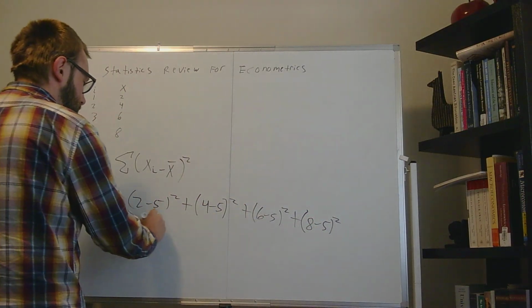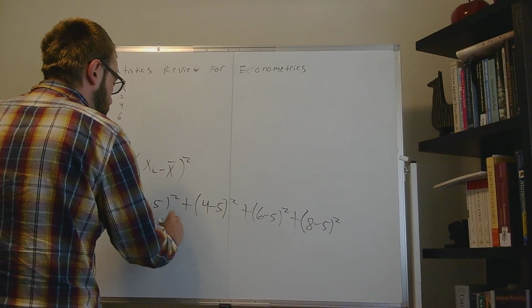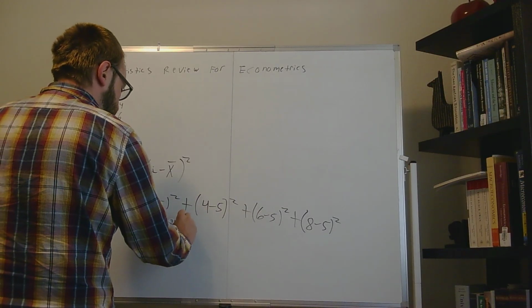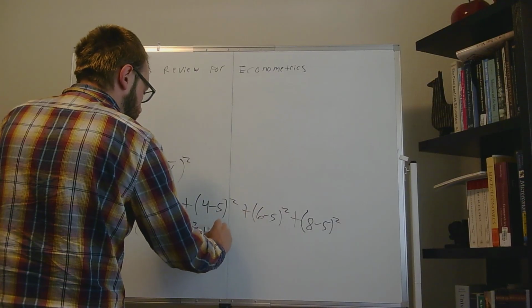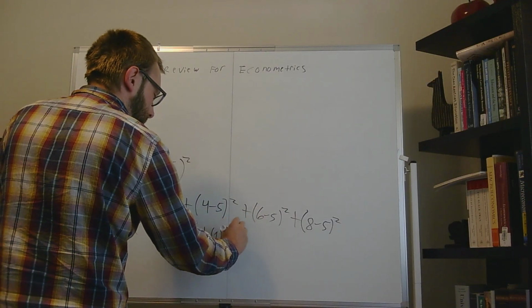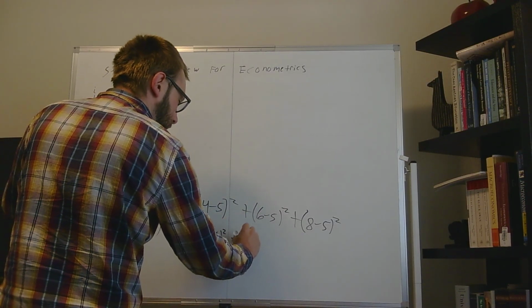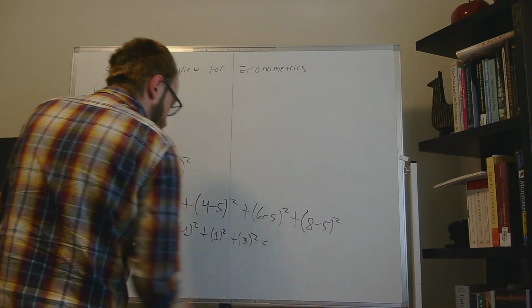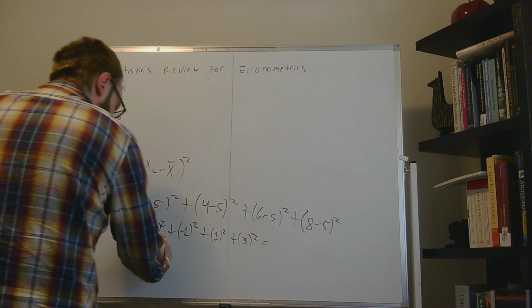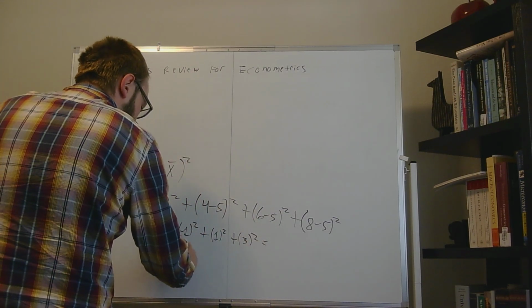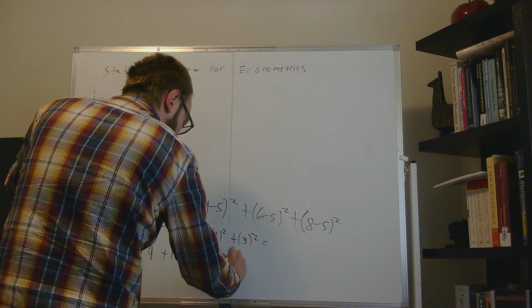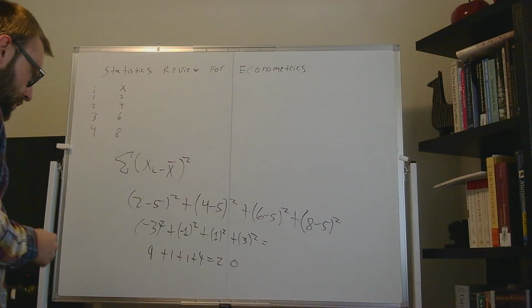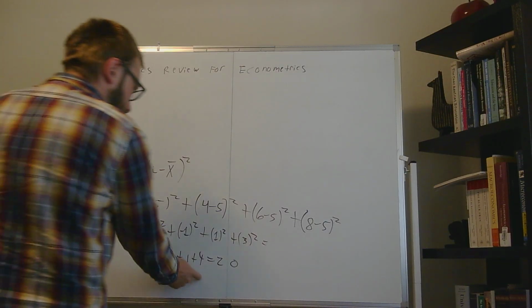So these turn out to be negative 3 squared plus negative 1 squared plus 1 squared plus 3 squared. And that's going to turn out to be 9 plus 1 plus 1 plus 9, which is going to equal 20. So that's our top value.